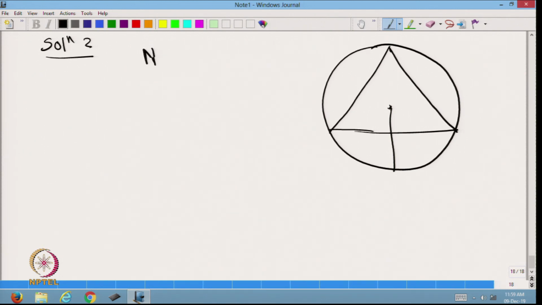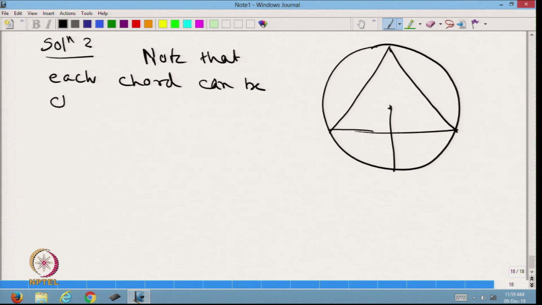Note that each chord can be characterized by its midpoint.